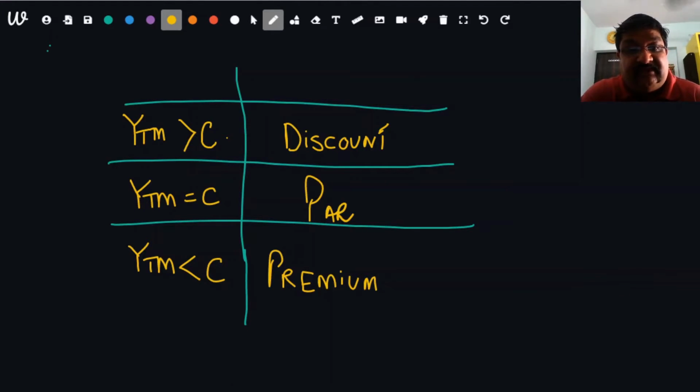When the YTM is exceeding the coupon rate, the bond prices fall down and the bonds trade at a discount. When the YTM falls below the coupon rate, the bond prices rise and the bonds start trading at a premium. This example kind of helps you to understand the inverse relationship that exists between the bond yield and the bond price.